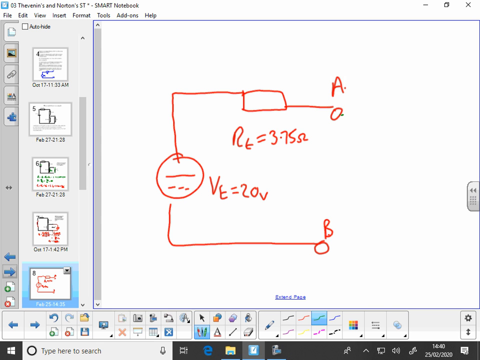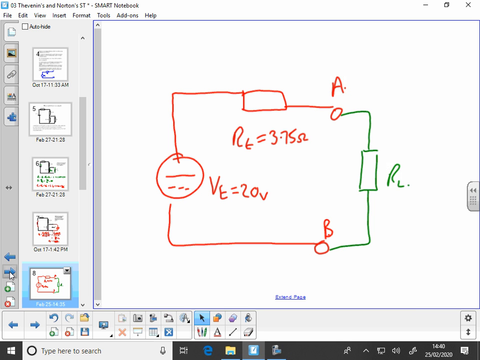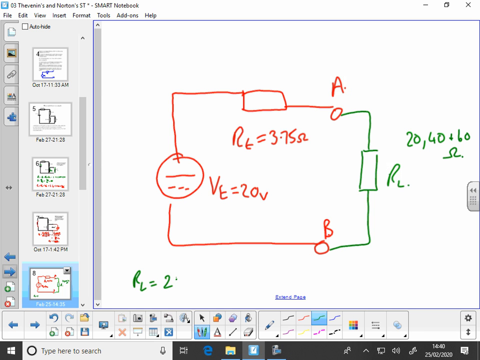And we can add in our load resistor, RL, and then we want to analyse for, what was the original question, 20, 40 and 60 ohms. So for RL equal to 20 ohms, I is equal to, how do I calculate I?